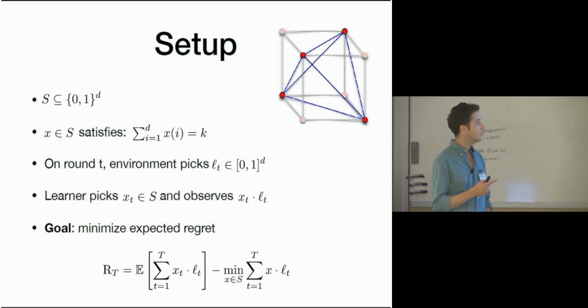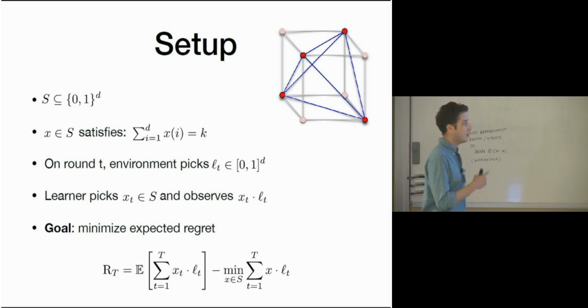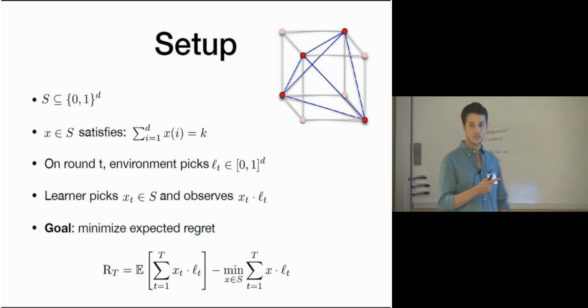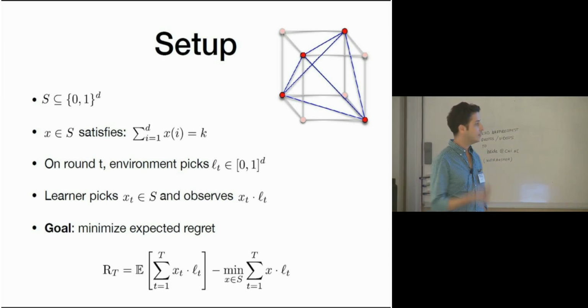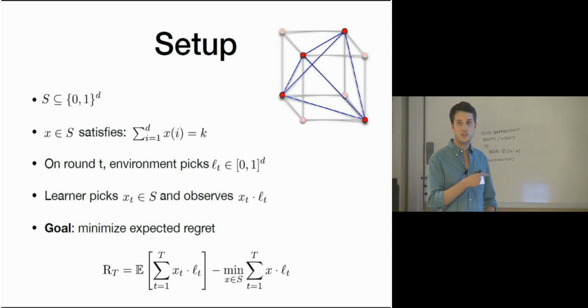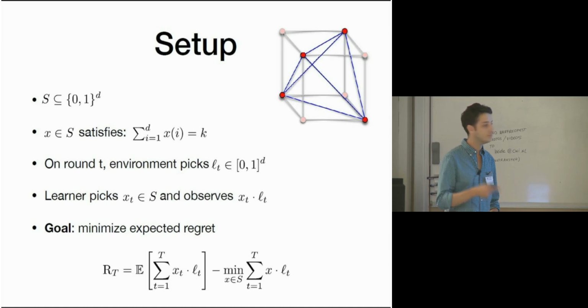And we also assume that each element of S has exactly k non-zeros. So on round T, the environment picks some D-dimensional loss vector L_T. The learner simultaneously picks X_T from S, and she suffers the dot product between X_T and L_T. And also bandit feedback, so this means that she only gets to observe this dot product.